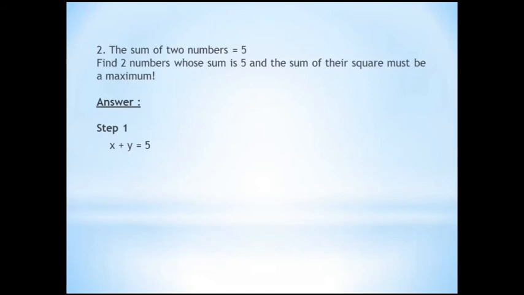Find the constraint that relates the two variables to one another, so y is equal to 5 minus x. Step 2. The sum of the squares of the numbers must be a maximum, so x squared plus y squared is equal to maximum.